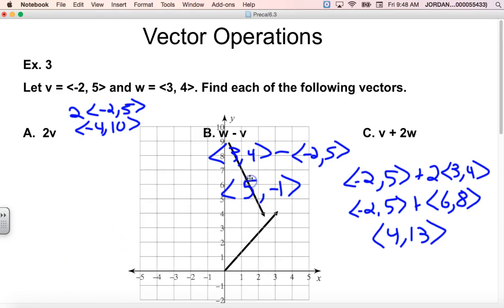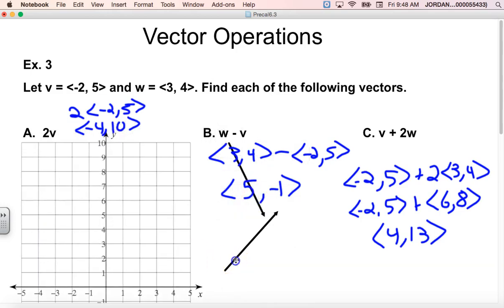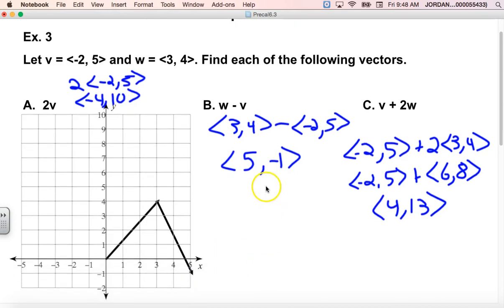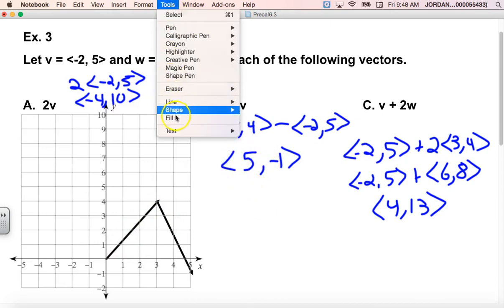So if you do w minus v, you're going to take the w vector, and then at its terminal point, you're going to put the initial point of the minus v vector. So minus v vector would be right there. Okay, and so here's what's kind of cool: when you do that, the vector that's the answer, w minus v, is the vector that connects the initial point of w and the terminal point of the minus v vector.